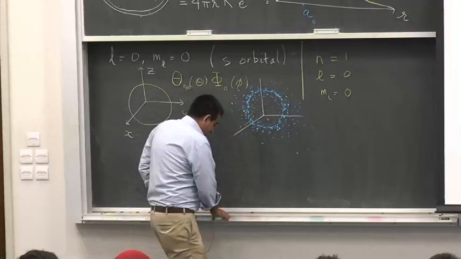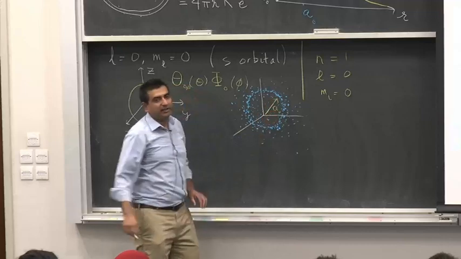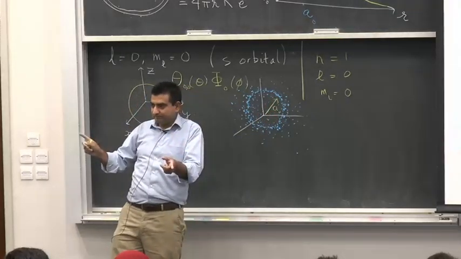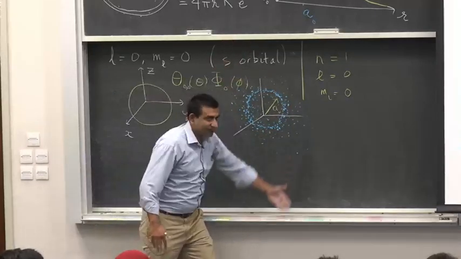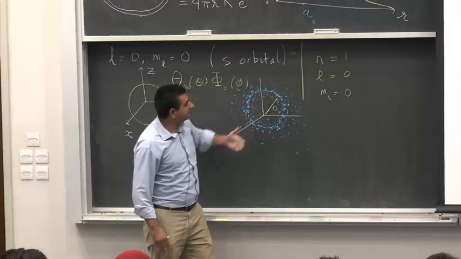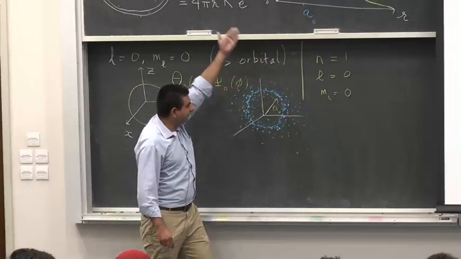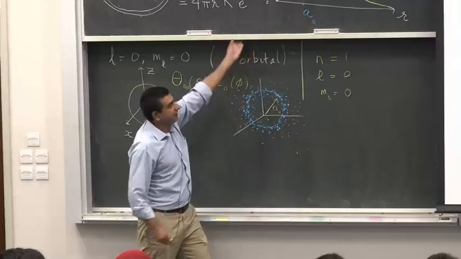At a certain radius, which qualifies as A naught, there is maximum likelihood of locating an electron. So if I take this diagram and make a cutaway, which means I just take a plane, say the YZ plane, and I look at the density of the dots that I've drawn, I get this.